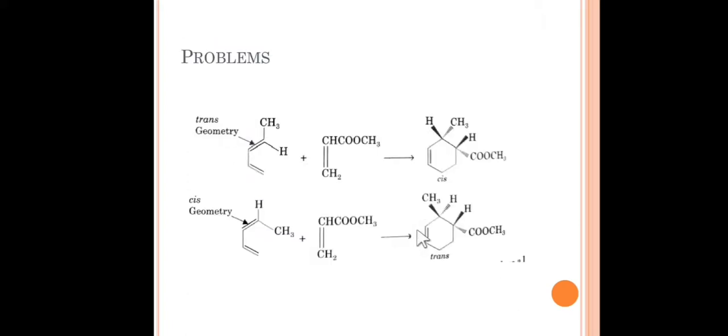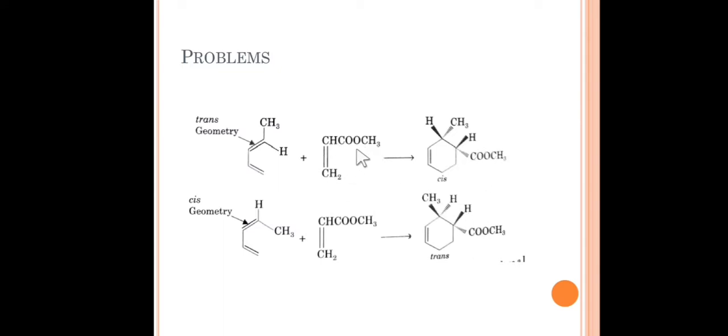So let's go ahead. If we have a diene and dienophile which are asymmetrically substituted, that means this is unsymmetrically substituted and this is unsymmetrically substituted, then remember that the electron withdrawing group from the dienophile will always go below the plane.